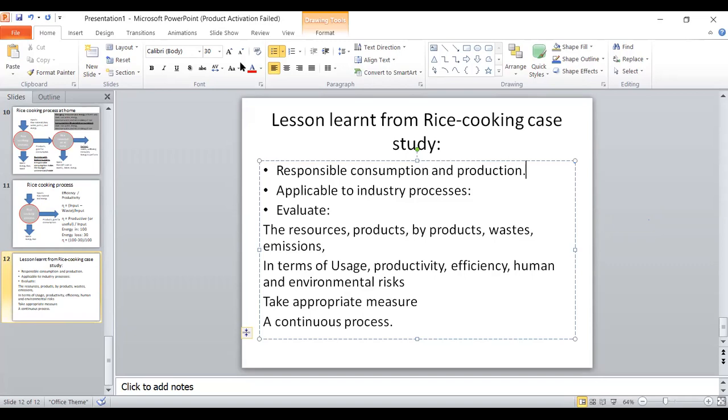Otherwise you are oversupplying to the market, or you are supplying less to the market. So that's why demand driven production.